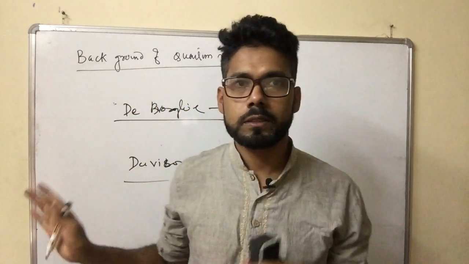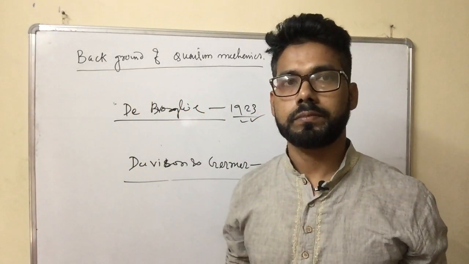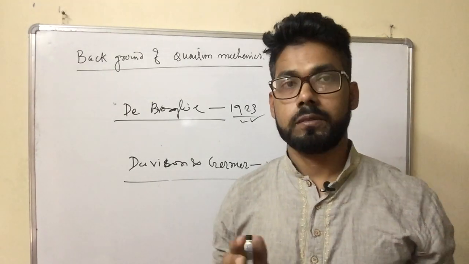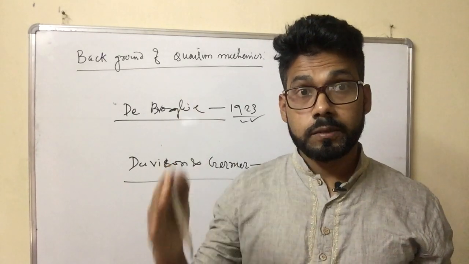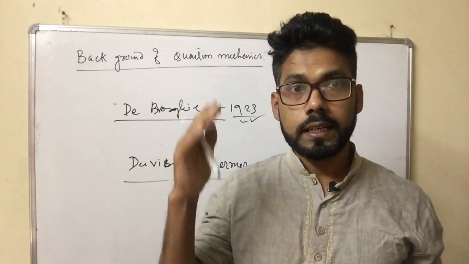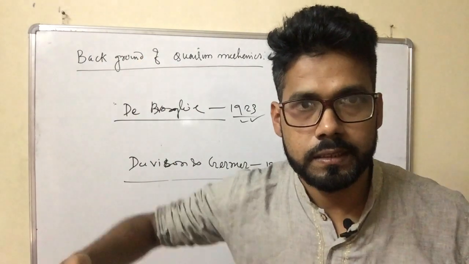So in the Davisson-Germer experiment, instead of photons they considered electrons, and they tried to extract the output. What did they actually get at the output? They got an interference pattern.